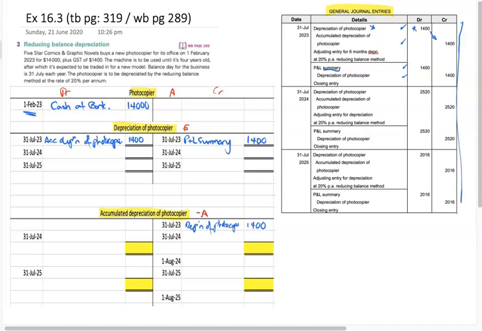But what we do need to now do is record all the other information. We will now then go on to 2024 and do the same thing. This time it's 2,520. And we are going to do our P&L summary here. You wouldn't do this, I'm just making it a bit shorter.